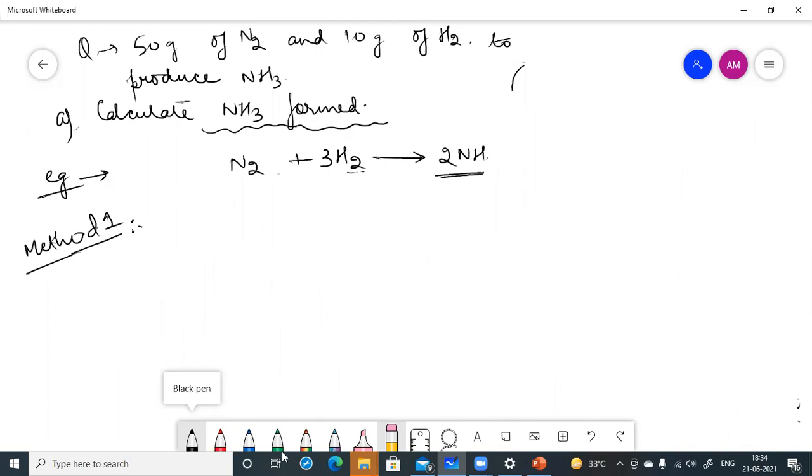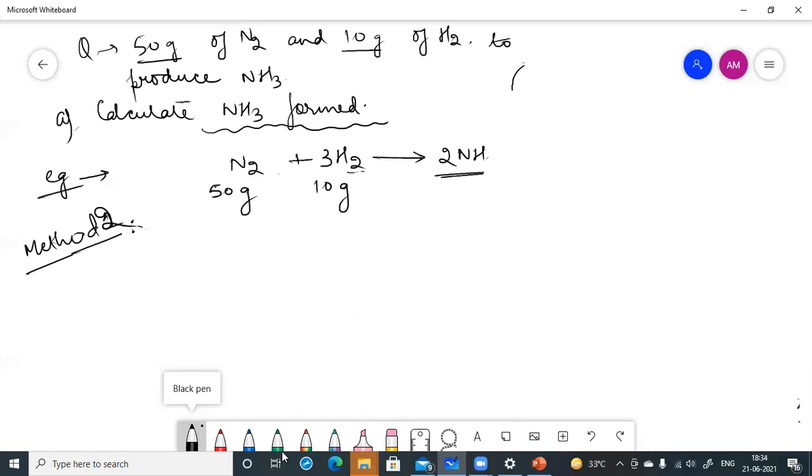ठीक है. So here this is method 2 in which we will not be using moles. जैसे हमको क्वेश्चन में 50 ग्राम्स और 10 ग्राम्स दे रखा था. So we will be using it in terms of mass.